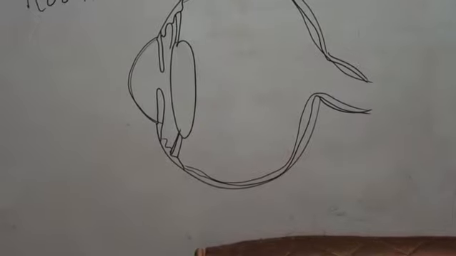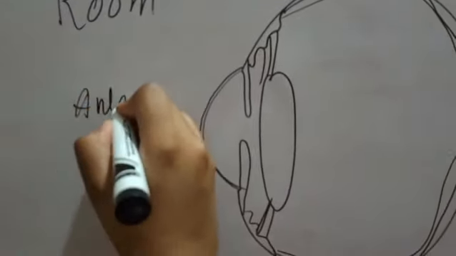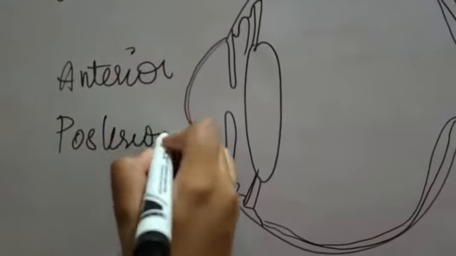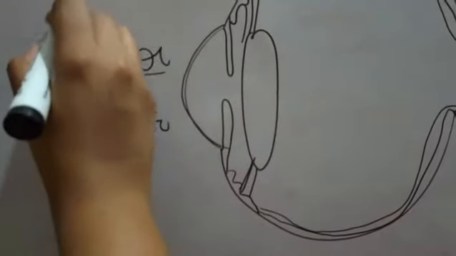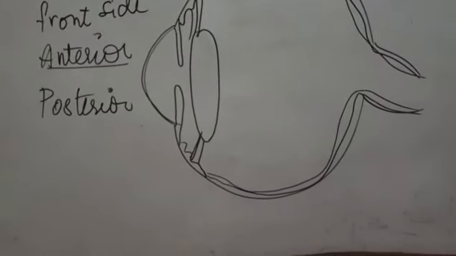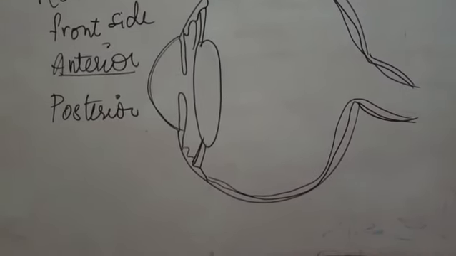So first of all, let us discuss what anterior means, while what posterior means, right? Anterior means the front side. So the front side of the eyeball is the anterior side, or the side that we can see.